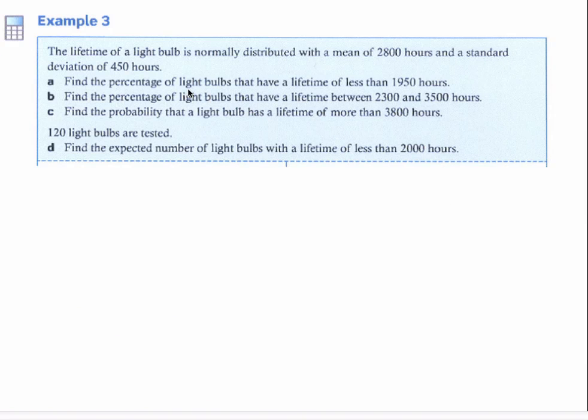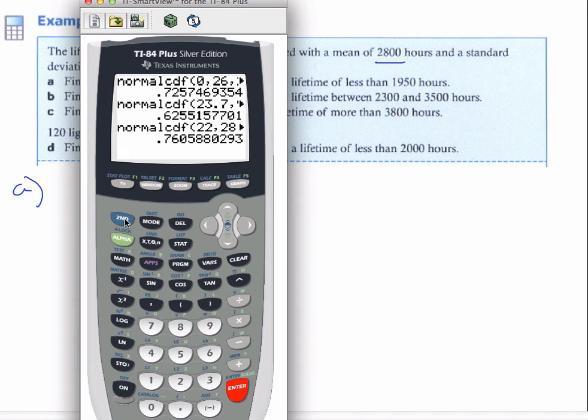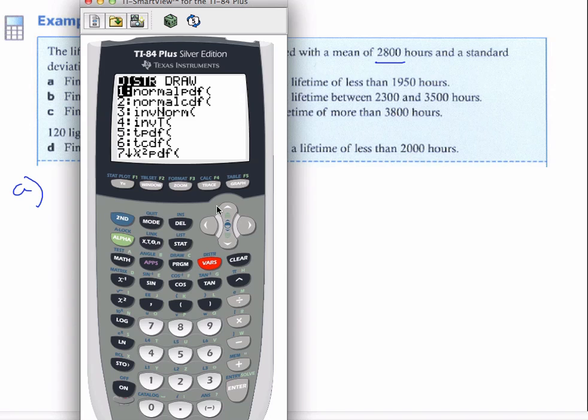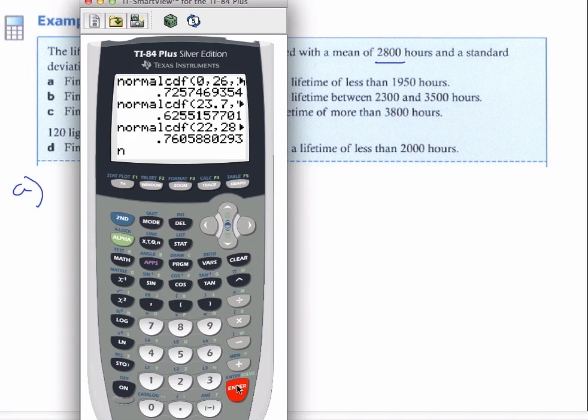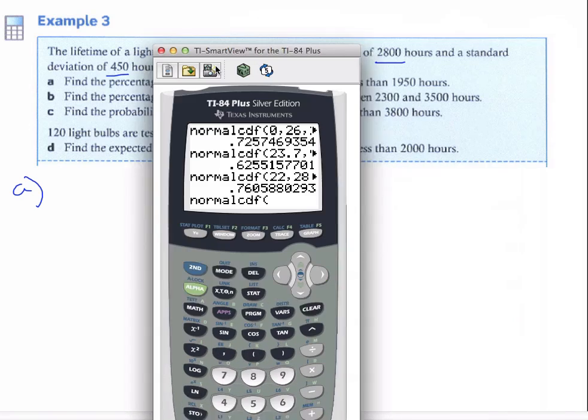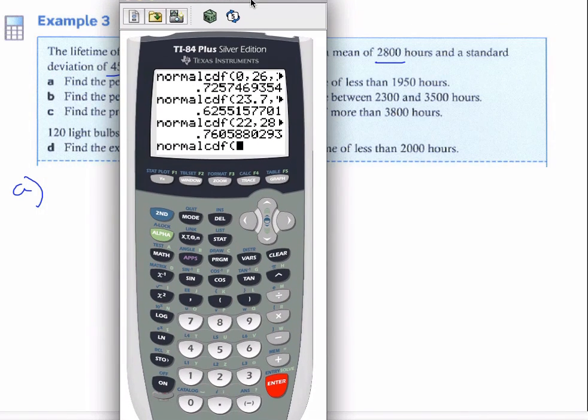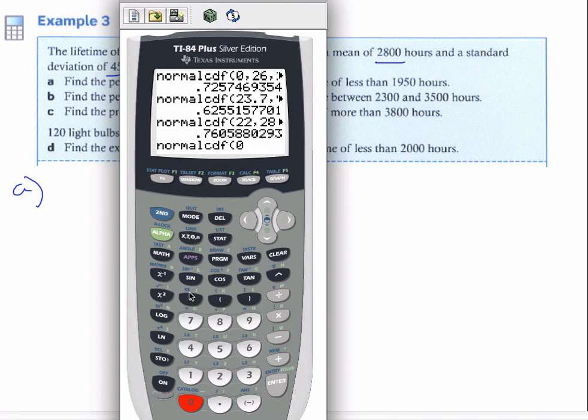Okay, another example. The lifetime of a light bulb is normally distributed with a mean of 2,800 hours and a standard deviation of 450. So part A, find the percentage of light bulbs that have a lifetime of less than 1950. So we're going to do the normal distribution, second function, and second one, of course. Less than 1950 hours. So I'm going to go from 0 to 1950.